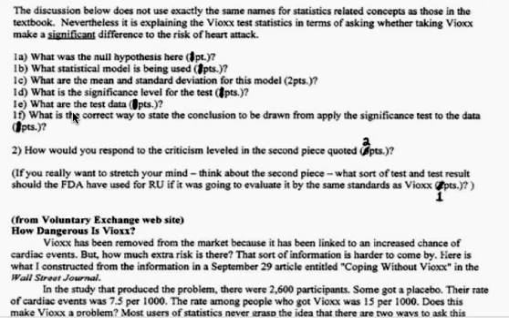They only occur 1% of the time. Maybe that's an artifact of the people you chose for your study. Or the null hypothesis is false. Vioxx indeed has a relation to heart attacks, heart events.